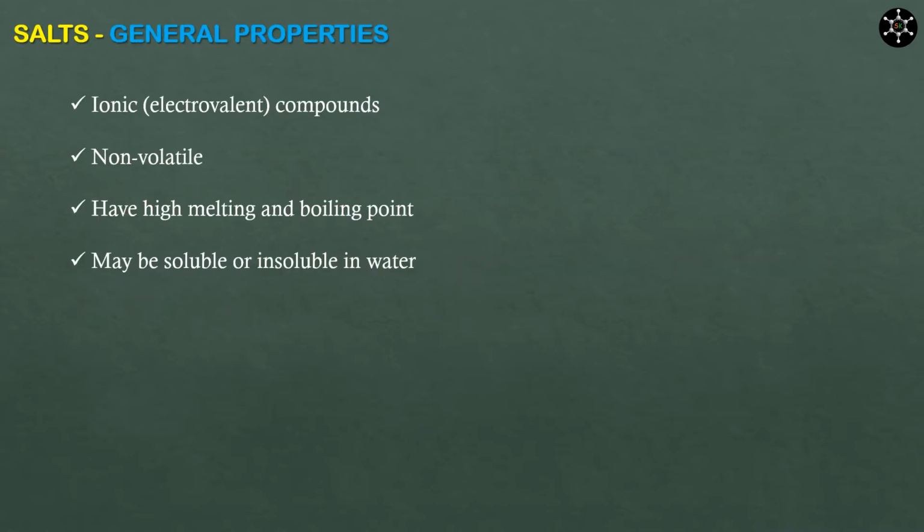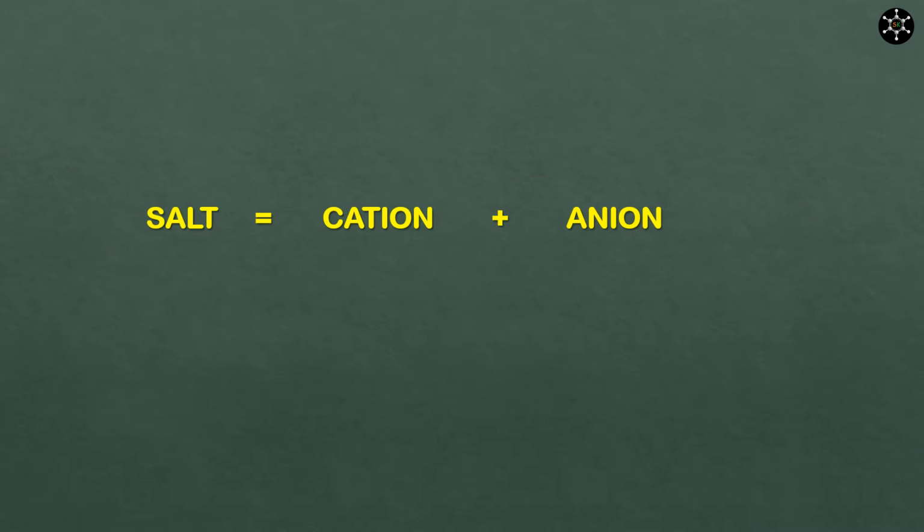Salts are ionic compounds. They are non-volatile, hence they have high boiling point and melting point. They may be soluble or insoluble in water. A salt is made up of cation and anion. If we consider sodium chloride, it is made up of cation Na plus and anion Cl minus.